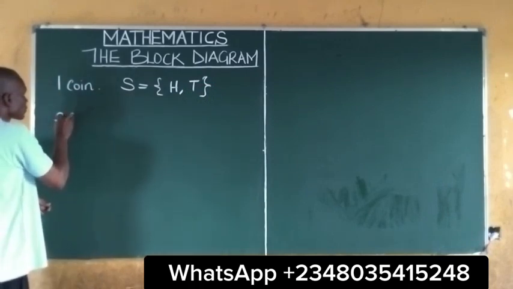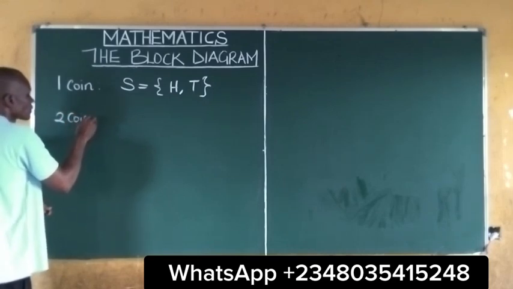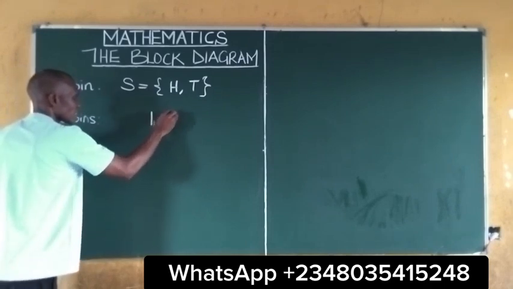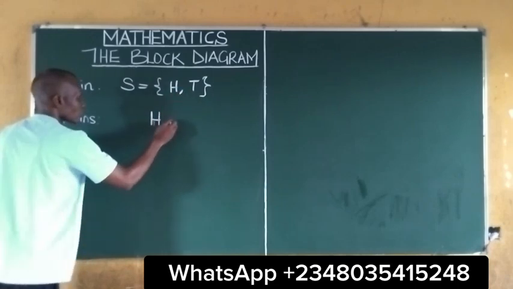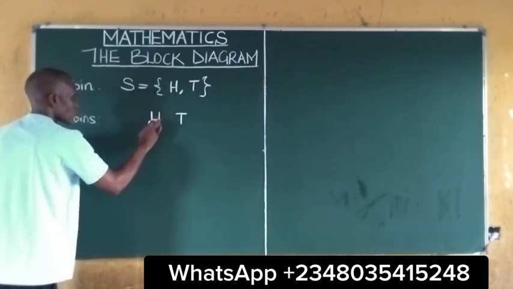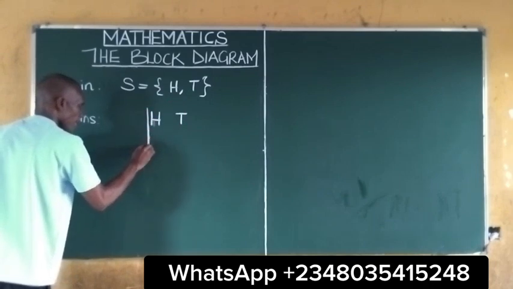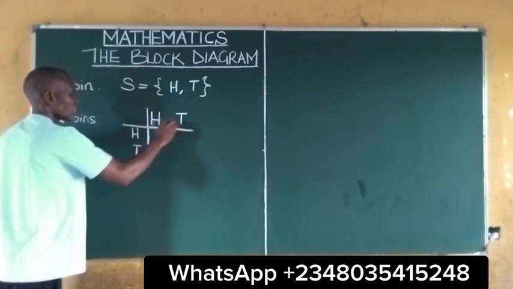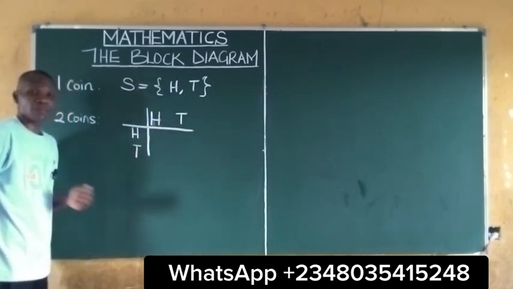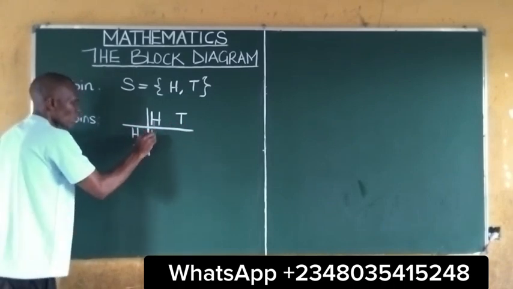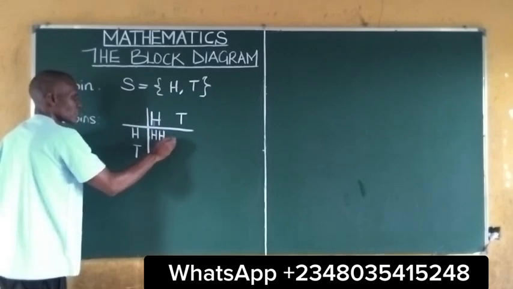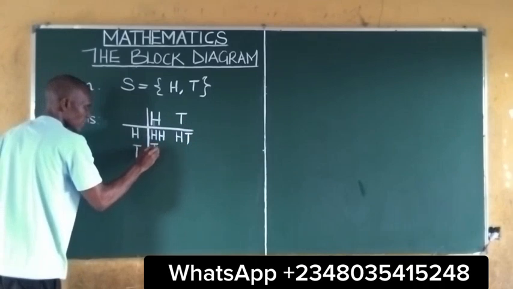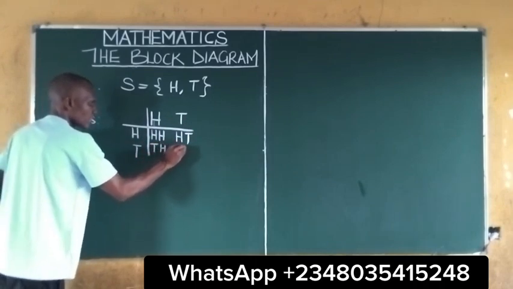If two coins are tossed, we have something like this. The head, which is this, and the tail, and another head or tail. So this head tail represents one coin, this other head tail represents another coin. So if we combine them, we either get head head or head tail or tail head or tail tail.